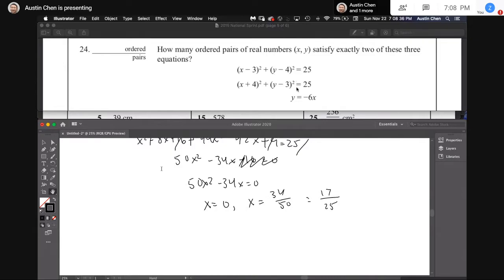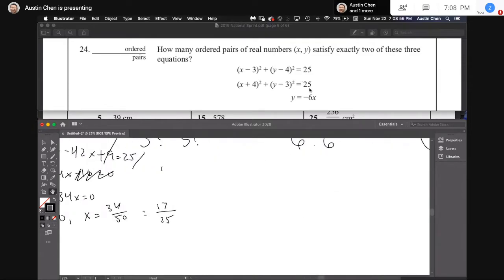Because they use one of the same equation, right? So basically, we just need to keep track of the x values and not the y values, and then we can see just how many we have. You can calculate the y values if you want to, but it's just unnecessary and it'll waste your time.